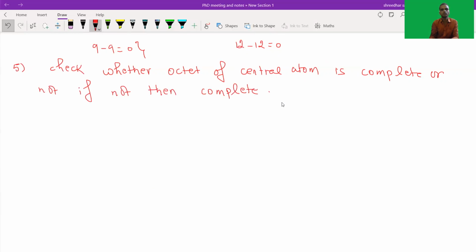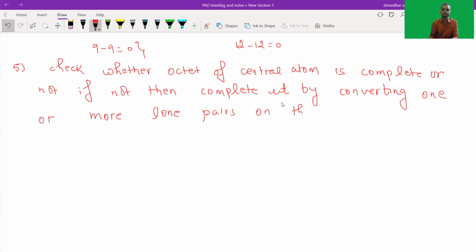How to complete it? From where to bring the electrons? Complete it by converting one or more lone pairs on the terminal atom into a double or triple bond.